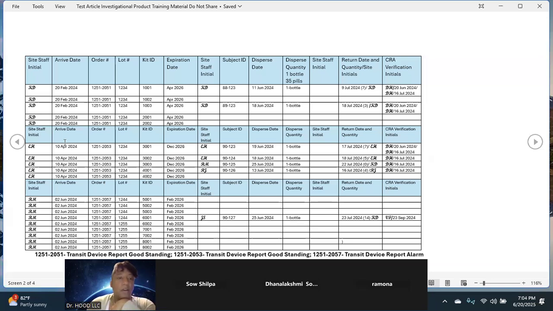Okay. Now we're going to go to the next order, 1251-2053. Are there any issues that you see? And it's possible that there are none, but I just want you to tell me if you see any issues. Kit number 4003 is missing. Yeah.